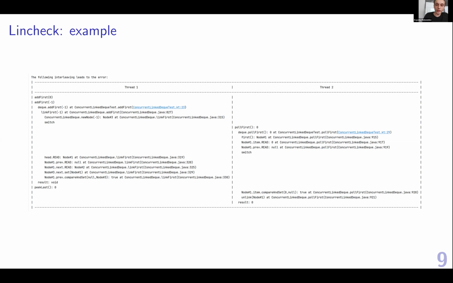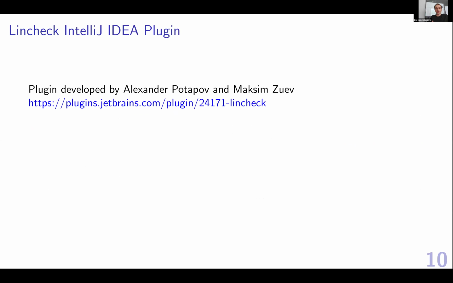So here we can see the trace consisting of two threads, and Lincheck shows in what sequence we need to execute these operations to hit the bug. So it's actually very useful for testing concurrent data structures. And more than that, the people from our team recently developed an IntelliJ IDEA plugin that makes it even more convenient to work with.